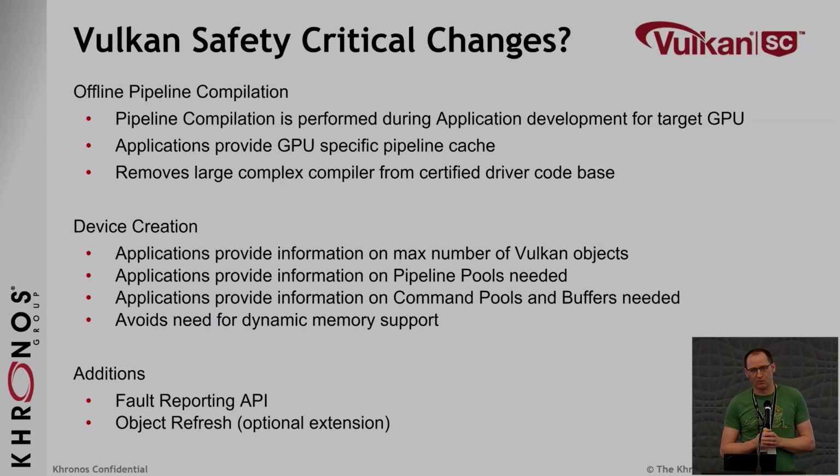So one of the big changes we made was to make it so you can implement Vulkan SC without dynamic memory. To do this, the application has to specify various object counts, command buffer sizes, and command buffer pools to the implementation at device creation time.